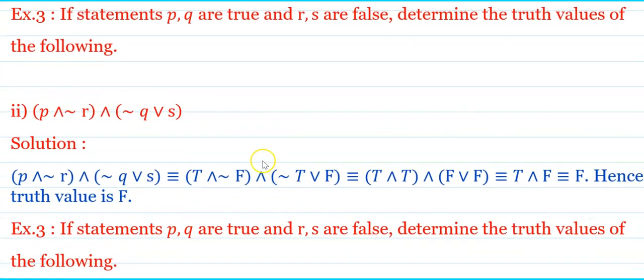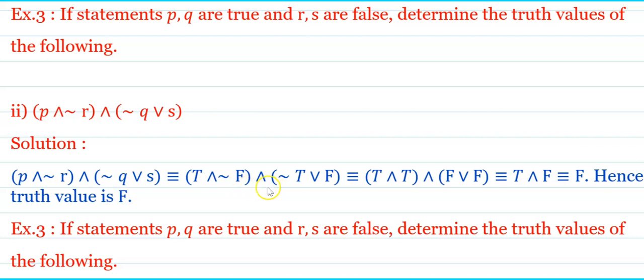Now the second one. For the question number 3, again P and Q are true, R and S are false, determine the truth values of the following. Second one, P and negation of R and negation of Q or S. Again substitute the values of P, Q as T and R and S as F. This is T and negation of R means what?